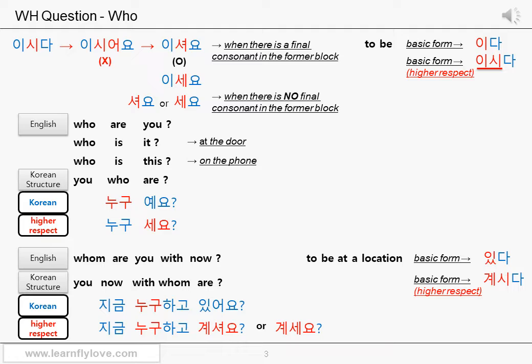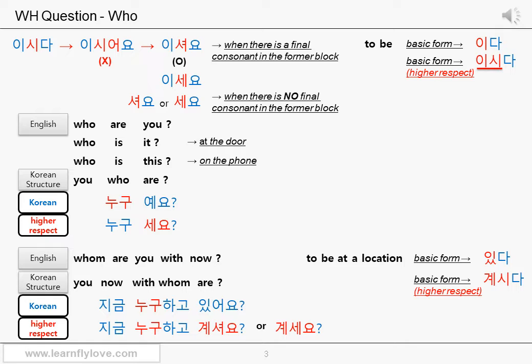Let's take a look at the top left on this page. The last letter of the stem is 시 and it has the neutral vowel 이. Therefore, we need to add 어요 to turn it into the form that we use in a real-life conversation. So, 이시 plus 어요. 이시어요.